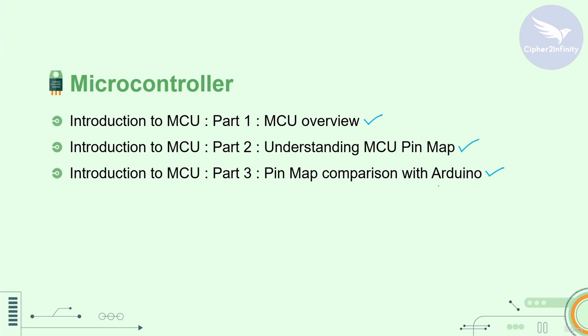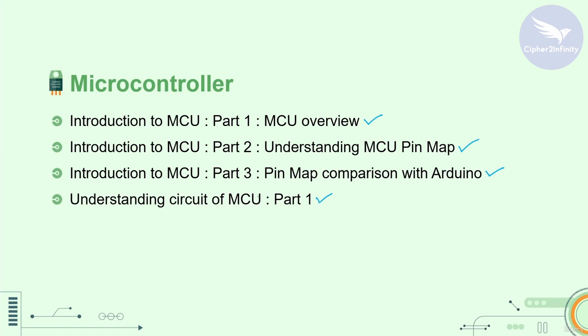Then the next video is about Understanding Circuit of MCU Part 1. In this video, I am going to explain the detailed circuitry of the Atmega 328 and we will see the different components connected around the Atmega 328 microcontroller. Basically, I am going to explain the minimum components that you need to connect around the Atmega 328 microcontroller in order to make it work.